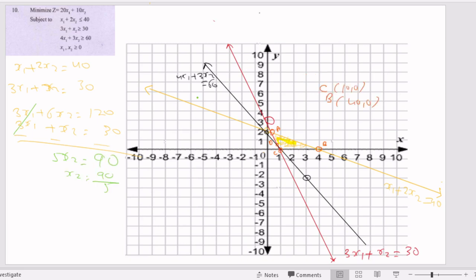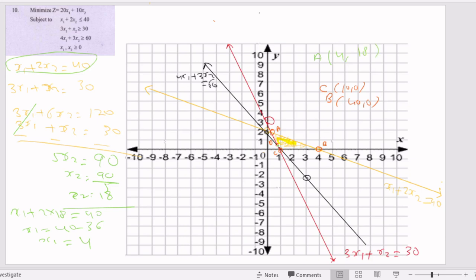So 90 divided by 5 is 18. So x2 is 18. Substitute the value of x2 in any of the equations. Suppose I substitute in this equation: x1 plus 2 into 18 is equal to 40. So x1 will be 40 minus 36, x1 is 4. Now we got the coordinate for point A, that is 4, 18.